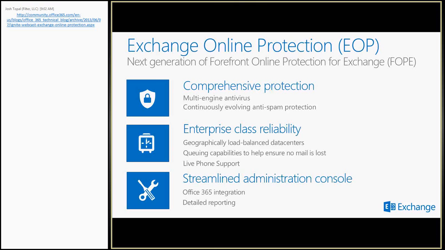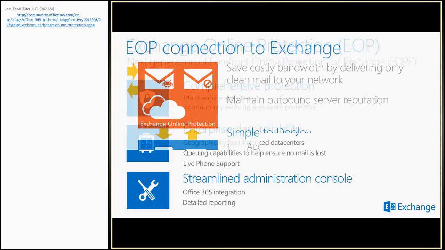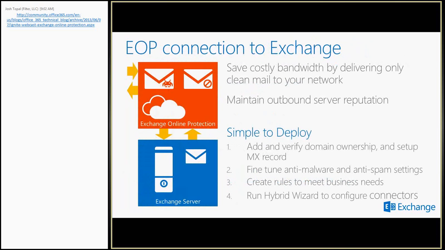In terms of how this then operates, one of the key things is that, of course, by stopping the viruses and the spam messages outside your network, fundamentally we've got the ability to save customers money on bandwidth. And equally, we can protect your outbound mail as well.